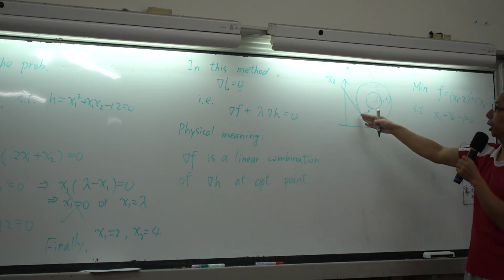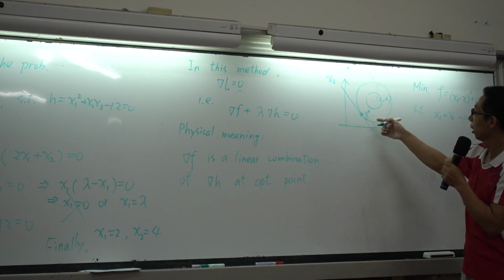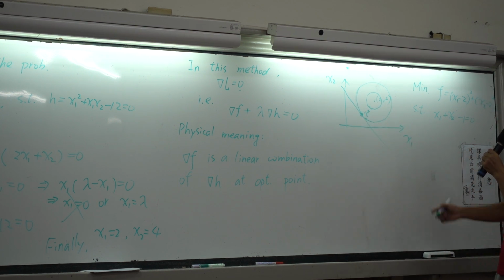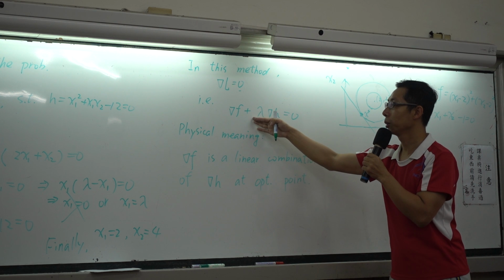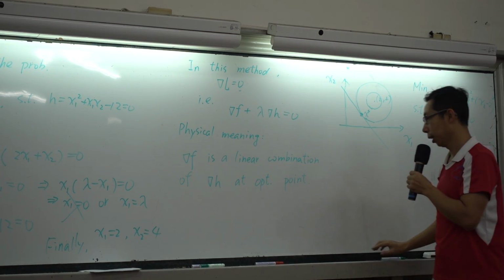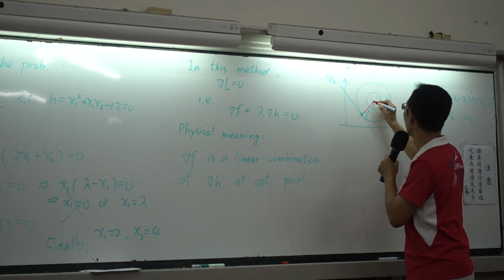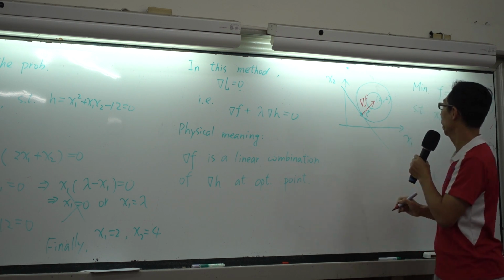However, with the constraint, this is the optimum point, okay? But anyways, from here, what do we know? What we know is that gradient f, I hope you can see that, basically this is the direction of gradient f, right?